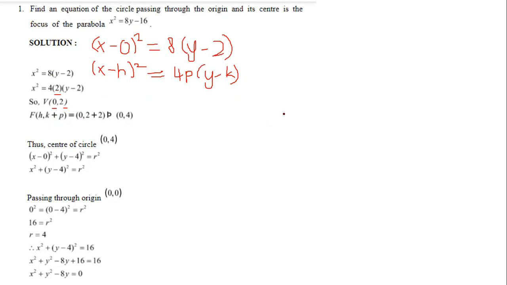So now we can draw one parabola here. We know that x is the dominant one, so it is a vertical parabola, and the focus is at 0, 4. So the parabola is like this one.